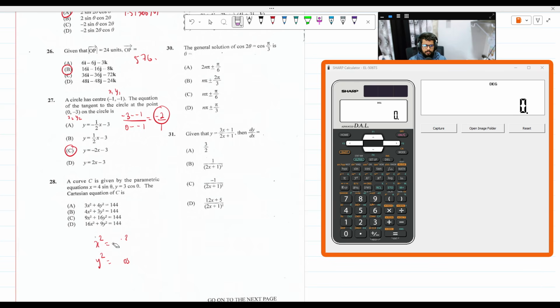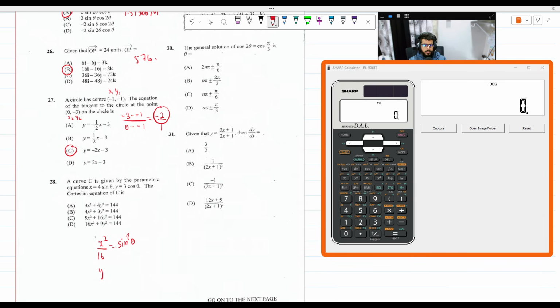Actually, I'll lie. Rearrange to get x sine theta and cos theta, right? And then square them. So we get x over 4 all squared, which is x squared over 16, is sine squared theta.